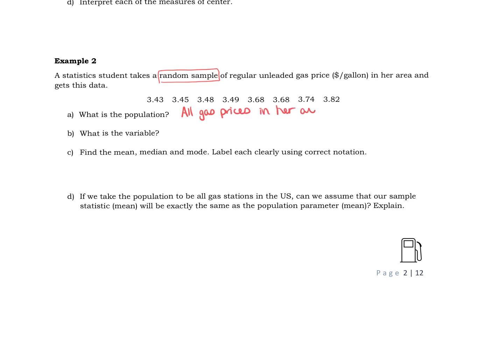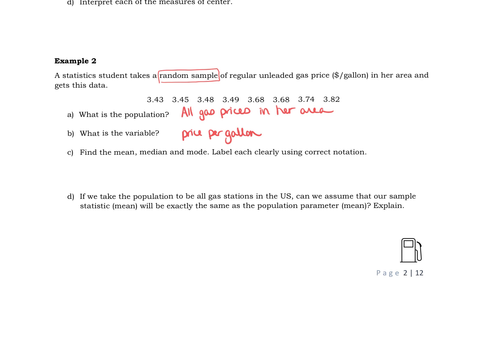Now that could be the city, the county, we don't really know, but since she's taking samples from her area, whatever that is, the population would go bigger than the sample, but again, stay in her area. What is the variable? So what is she measuring? She is measuring the price per gallon of gas.